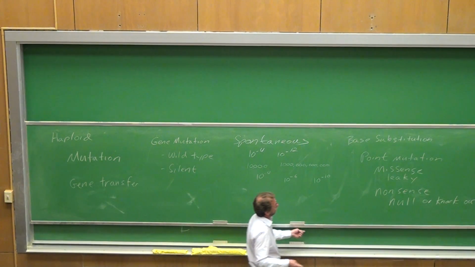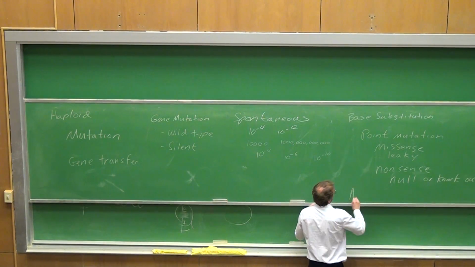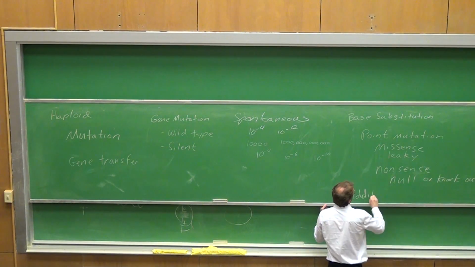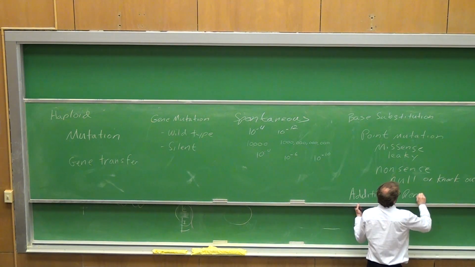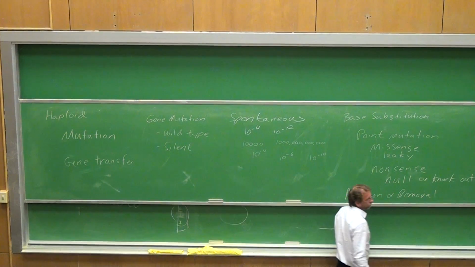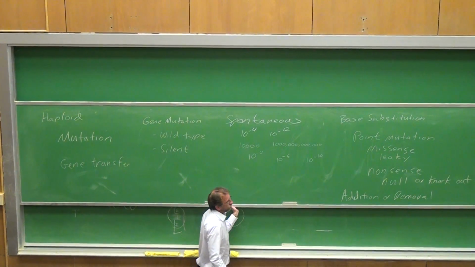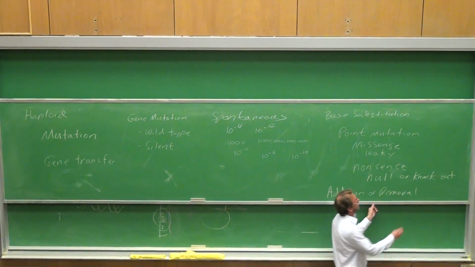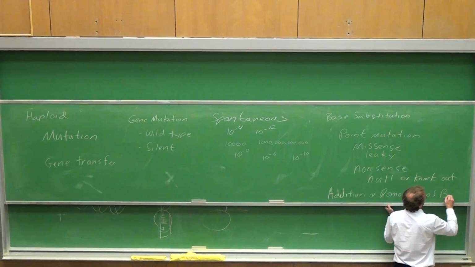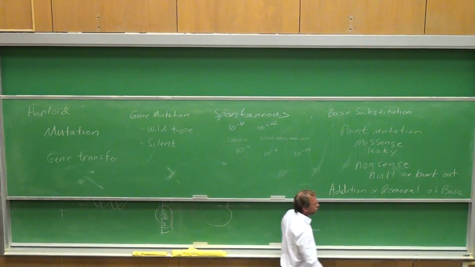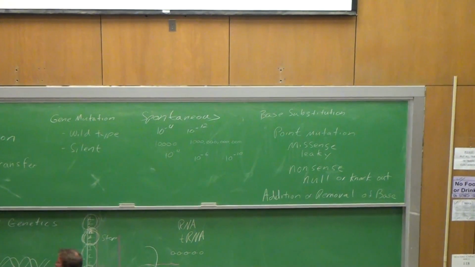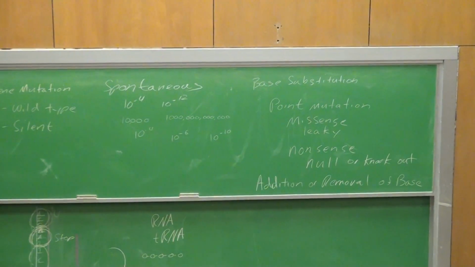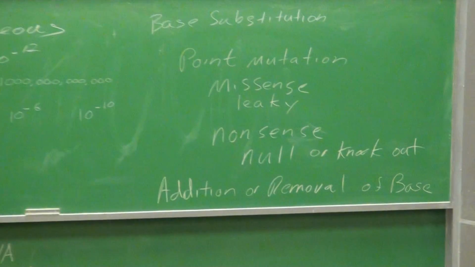Okay, but there's another type of mutation, and that is, well, not really a base substitution. It's an addition or removal of a nucleotide. So if you remove one of the bases when you're copying the DNA sequence here, and I'm going to go ahead and redraw this.